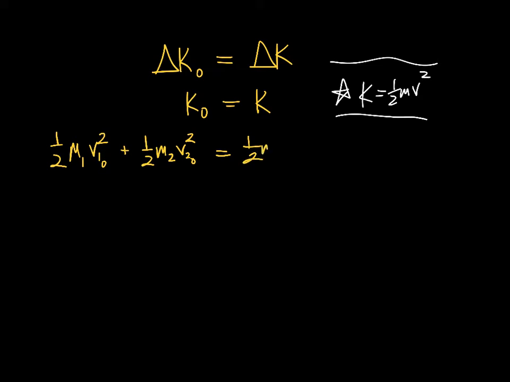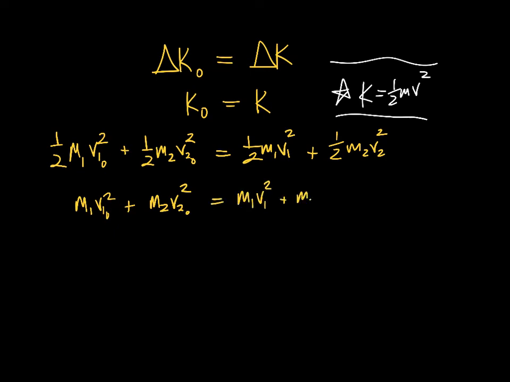And that would have to equal the final speed squared versions, mass 2 and mass 1 and their speed squared. Well, the half is common throughout, so I can drop it: m1 v1 naught squared plus m2 v2 naught squared equals m1 v1 squared plus m2 v2 squared.